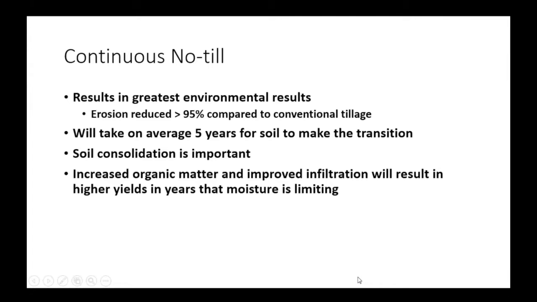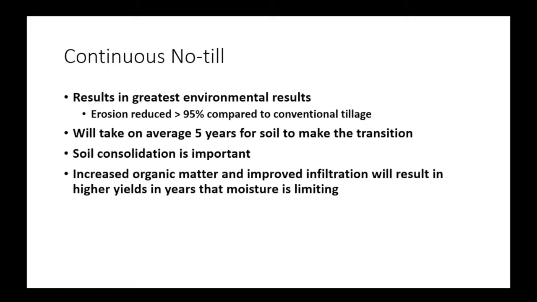We know that continuous no-till does have great environmental results because it does reduce erosion compared to conventional tillage. That goes without saying, because we don't disturb that soil, the organic matter content remains high, and we've got something to cover the surface of the soil. But remember, it takes 5 years to transition into a true no-till system for most soils in Wisconsin.